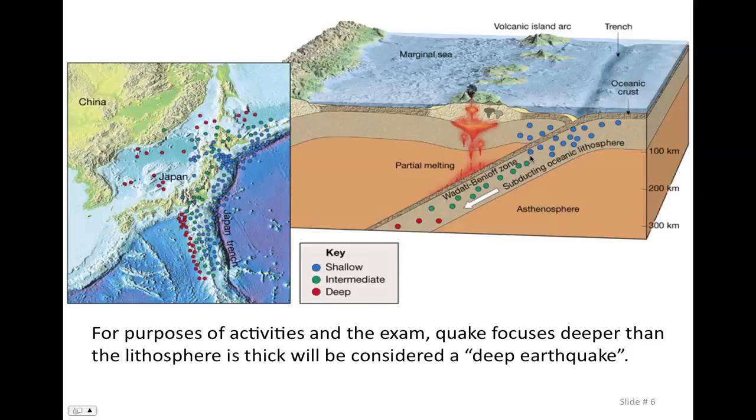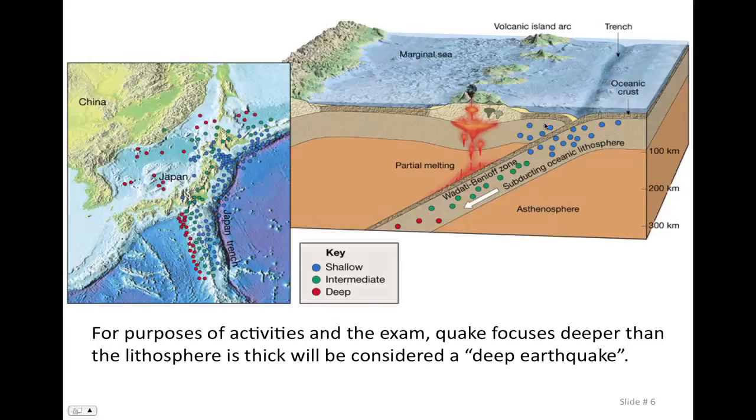Usually if I say deep earthquake, I'm also including the intermediate because we're not going to really talk about focal depth very much with earthquakes. So I usually just say if it's not in the zone where the lithosphere is thick, so if it's not within the 0 to 100 kilometer zone underneath the surface, it's going to be deep. So just keep that in mind.